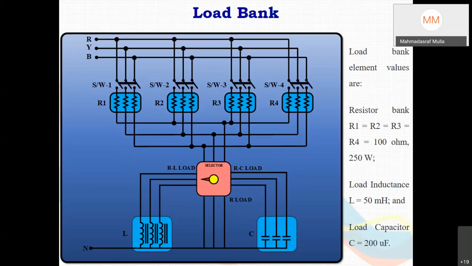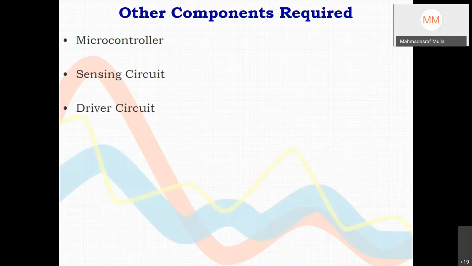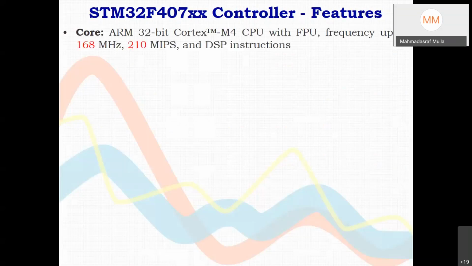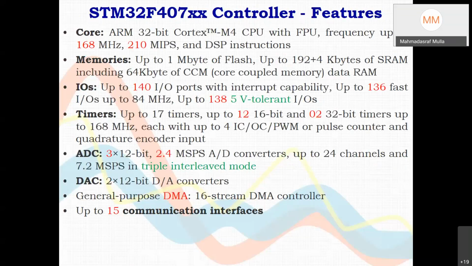And the capacitor was 200 microfarad. What other component we require is some microcontroller. So the first day, whatever Junaid has demonstrated to you, the same microcontroller kit we have utilized. Advantages are, I hope, now known to you. It is very rich in peripherals.